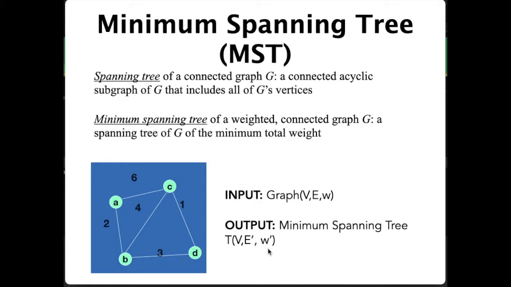In fact, we can have n raised to n minus 2 possible spanning trees given a graph G. So, especially if it's a dense graph or a complete graph, mas marami pa yung possible spanning trees. And exhausting all the possible spanning trees and getting the minimum is way more complicated than the greedy algorithm for this, which is mas madaling isolve.